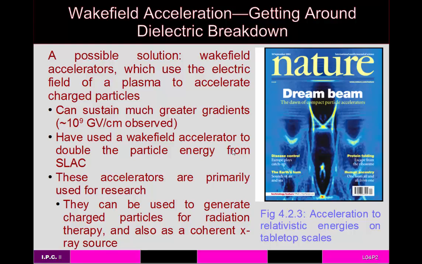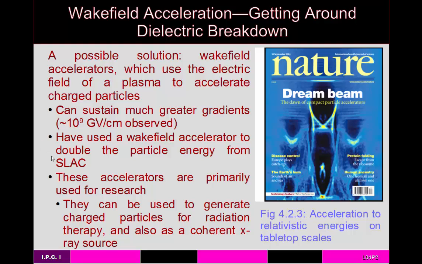It sort of rides down the potential curve of the wave. And what happens here is that these accelerators are able to sustain very large acceleration gradients. 10 to the 9 volts per centimeter, that's a gigavolt per centimeter.